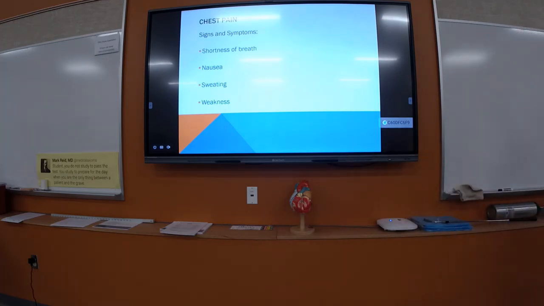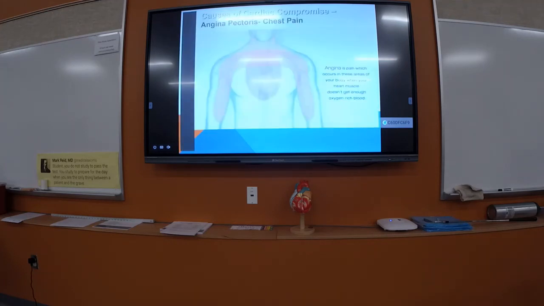All the symptoms are the same, with the exception that once you start treating the patient for the pain, angina usually goes away with the nitro, whereas if they're having an MI, the pain won't subside. We'll get into that when we talk about the 2 types of angina pectoris. You have stable and unstable.